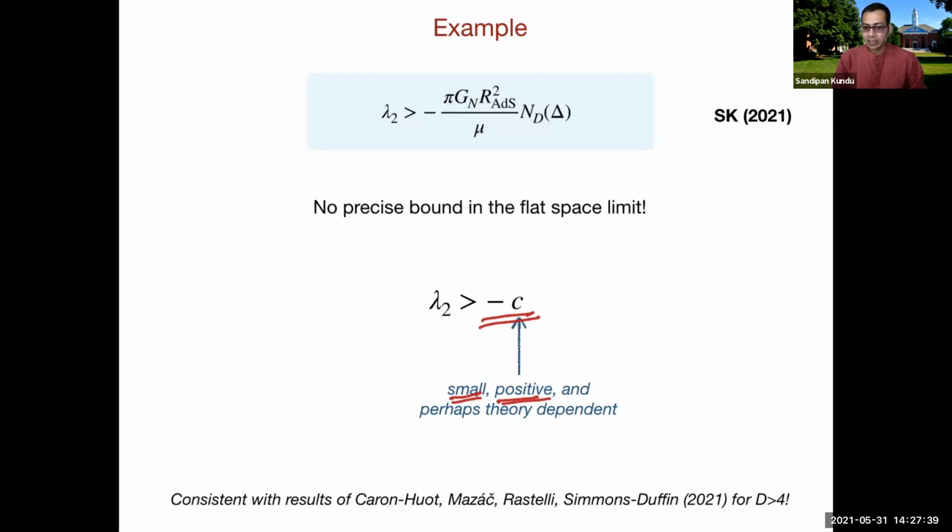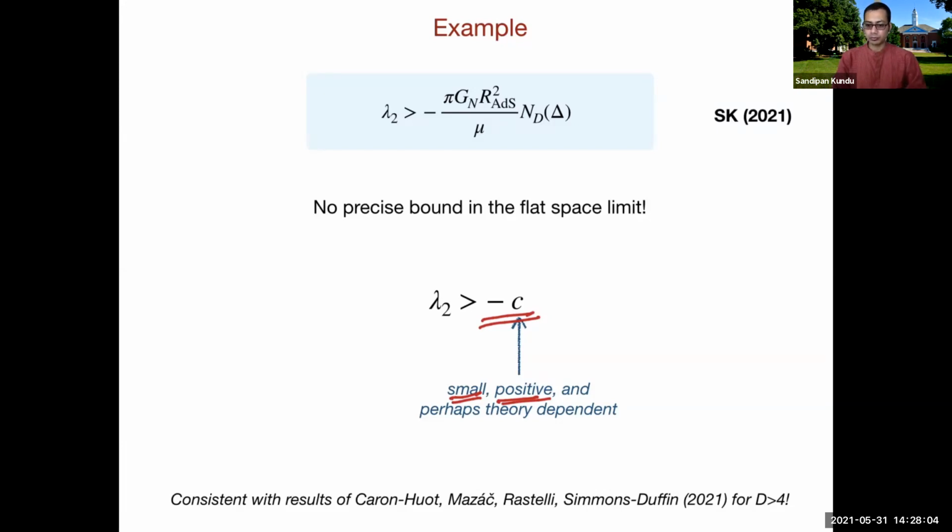Probably what it means is basically lambda 2 can be negative even in flat space, but the lower bound is actually theory dependent. So that's why there is not a precise bound that one can get from the CFT argument. And this is actually consistent with the recent results from Caron-Huot, Mazac, Rastelli, and Simmons-Duffin for d greater than 4.